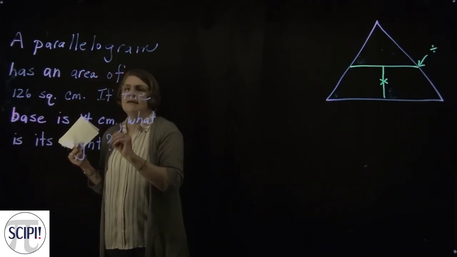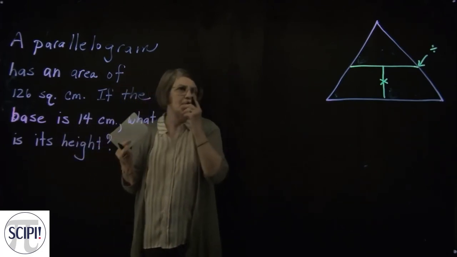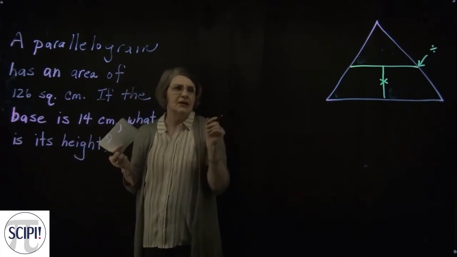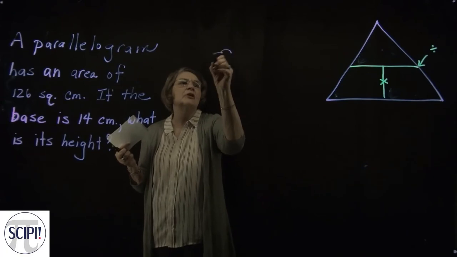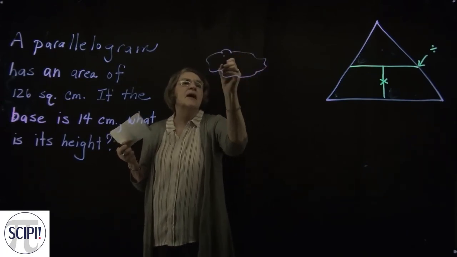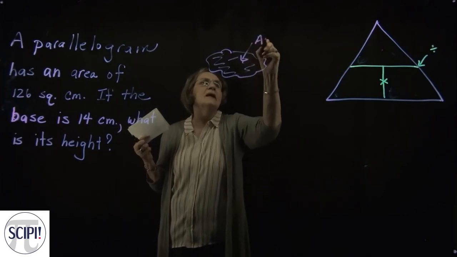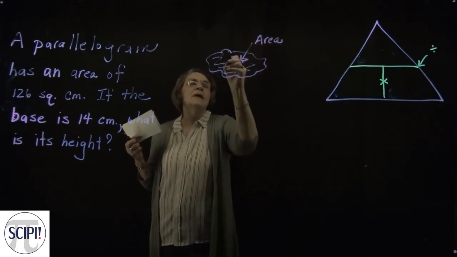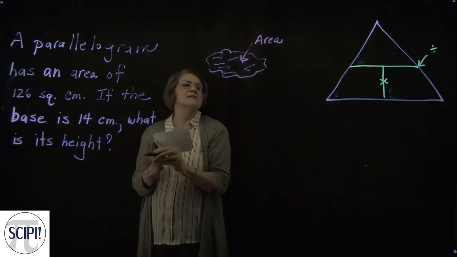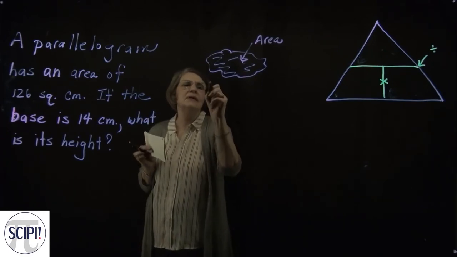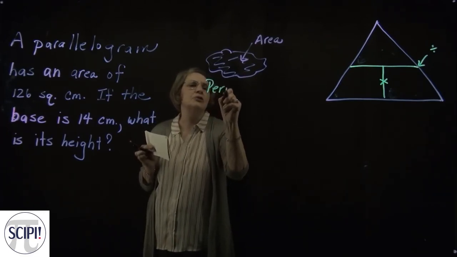That's what area is. If you can't remember when you used to color, let's say I have a cloud. And if I would color that in, that's the area. When I walk around the outside, I'm doing the perimeter.